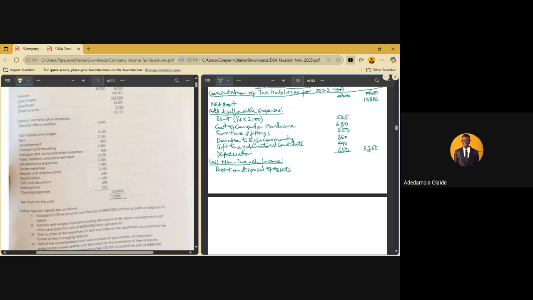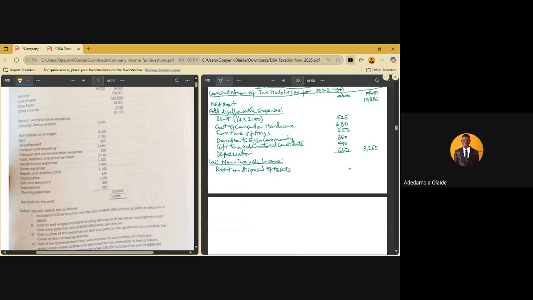Okay. Profit on disposal of assets. Total is 14,141.